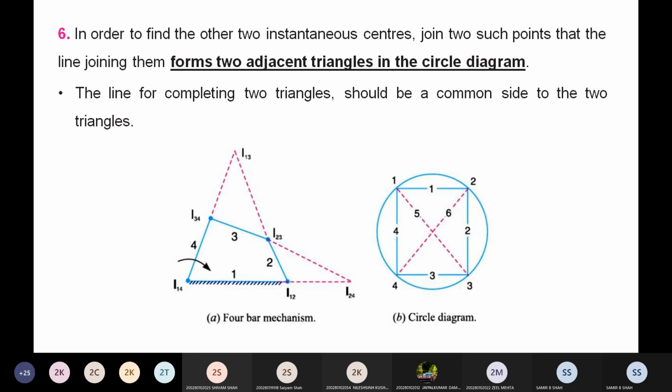The line joining them should be the common side of the 2 triangles, which gives our remaining 2 I centers. You can see here 1-3, so we are generating I13, and 2-4, so we are generating I24. Based on that, we are generating all 6 I centers.